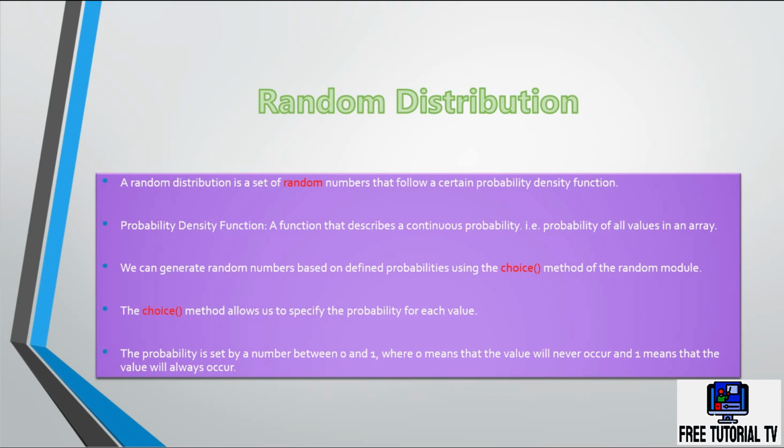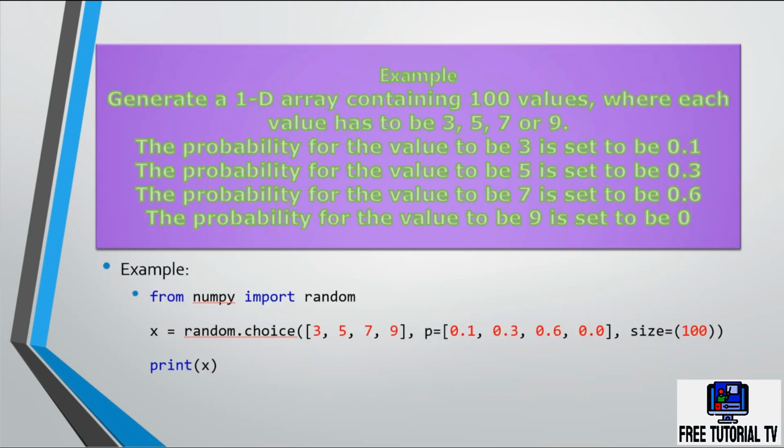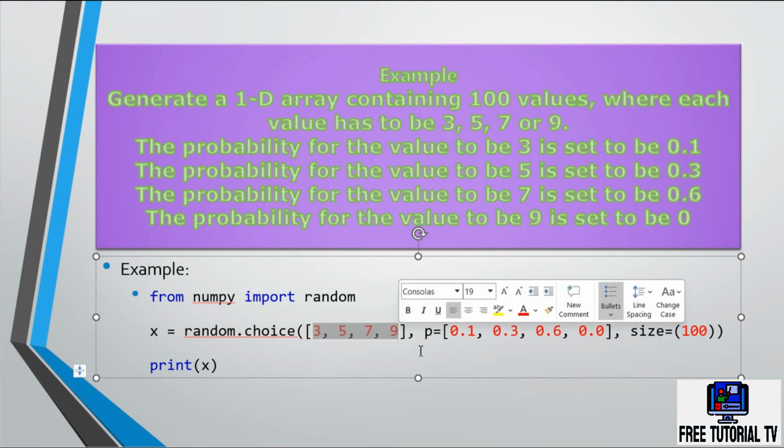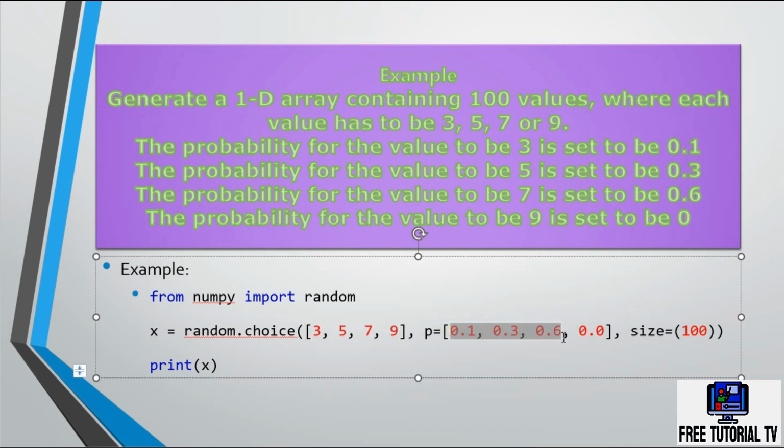So if I give a choice with the numbers to be in the range, and then you provide a probability of occurrence, and you give a size of 100, then what happens to your array x?